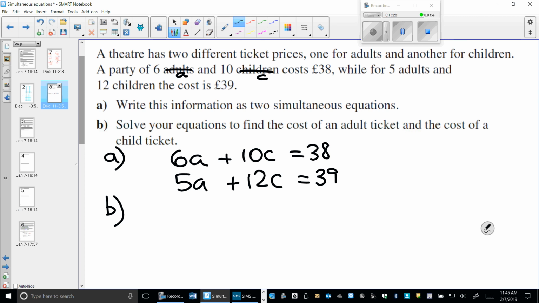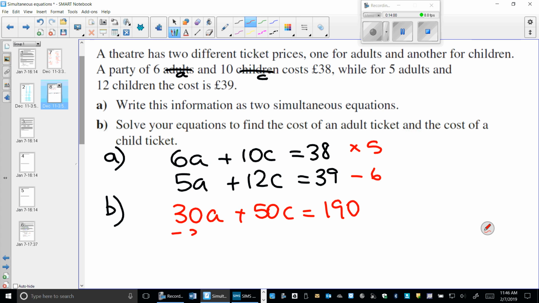Let's pretend that we would be solving this. Okay, so you want to multiply this one by 5? And this one by negative 6? Big numbers. Yep. So we're going to have 30a plus 50c equals 190, yes?